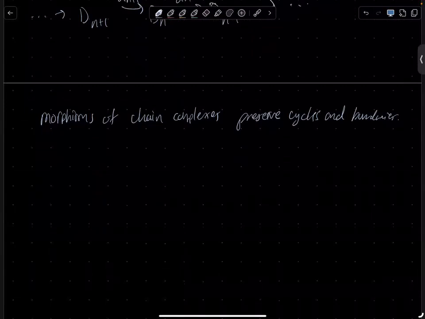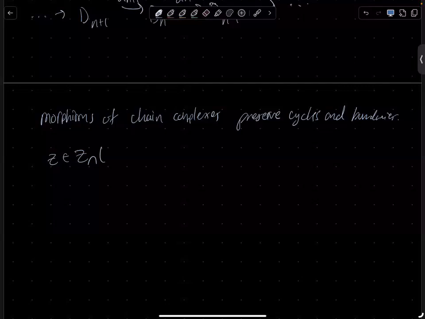That is to say, if z is in Zn of C bullet, the n cycles of the chain complex consisting of the C modules, then Fn of z belongs to Zn of D bullet, and a similar statement holds for the boundaries.